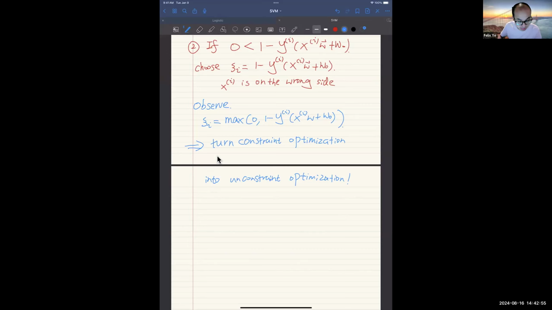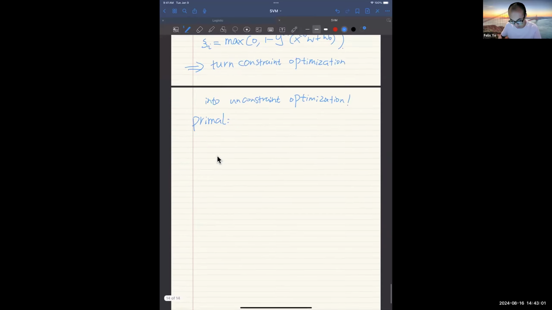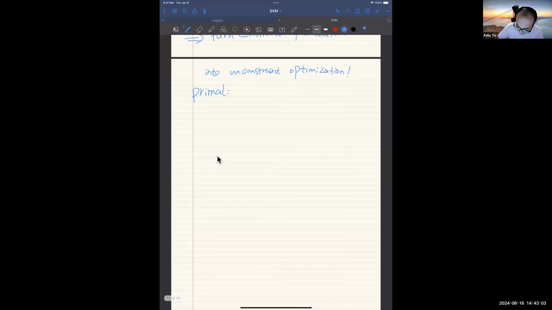So what we are actually getting is our primal problem becomes the following. It becomes a minimization, and we get rid of the constraint.